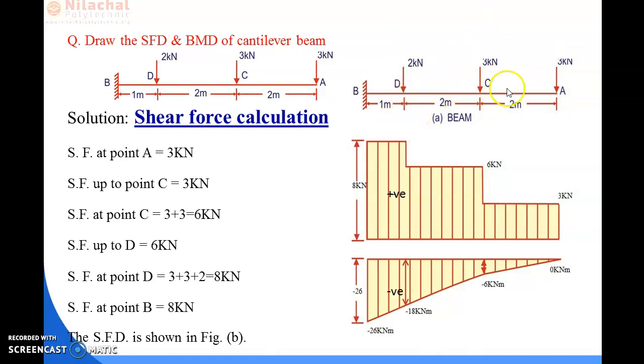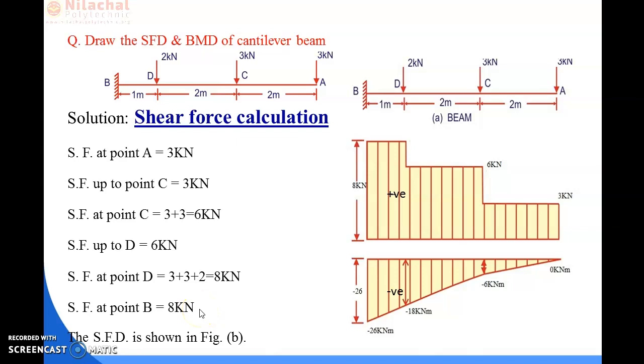Just sum all the loads, and that's the value at point B. That means in between D and B no load is there, so we consider that the shear force at point D will continue towards point B because there is no loading condition in between D and B. So the shear force at point B is the same as at point D, which is 8 kN.